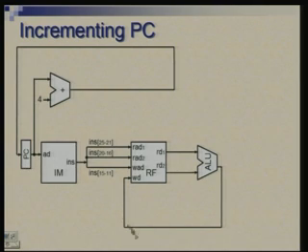So, the current instruction completes by storing its result in register file, and at the same time PC gets the new value and is ready for the next instruction. So, that completes one cycle, and if the next instruction was also of the same type, in the next cycle that instruction will be executed.